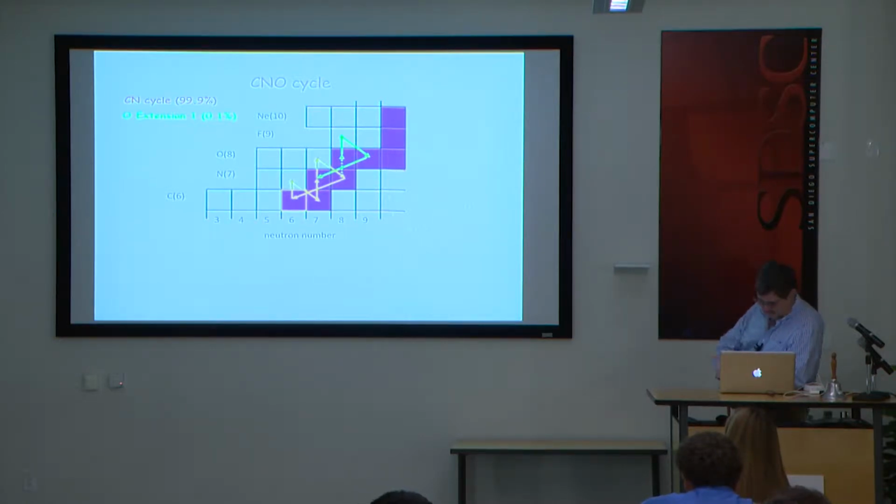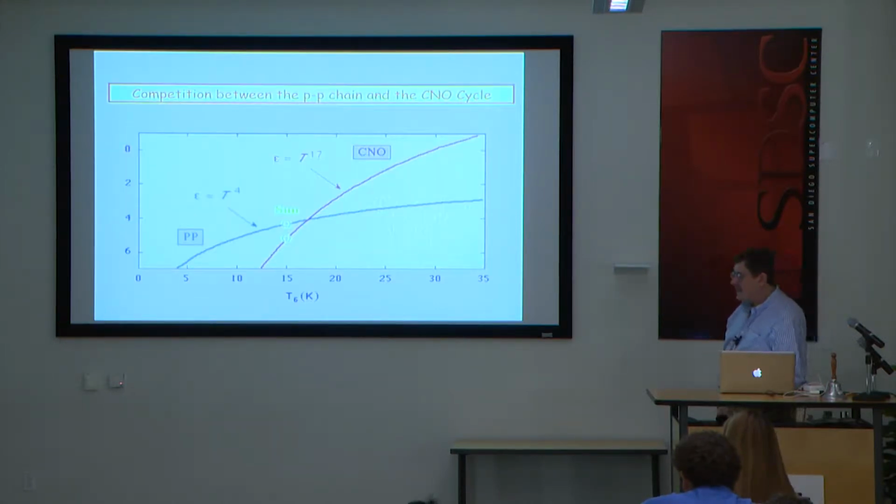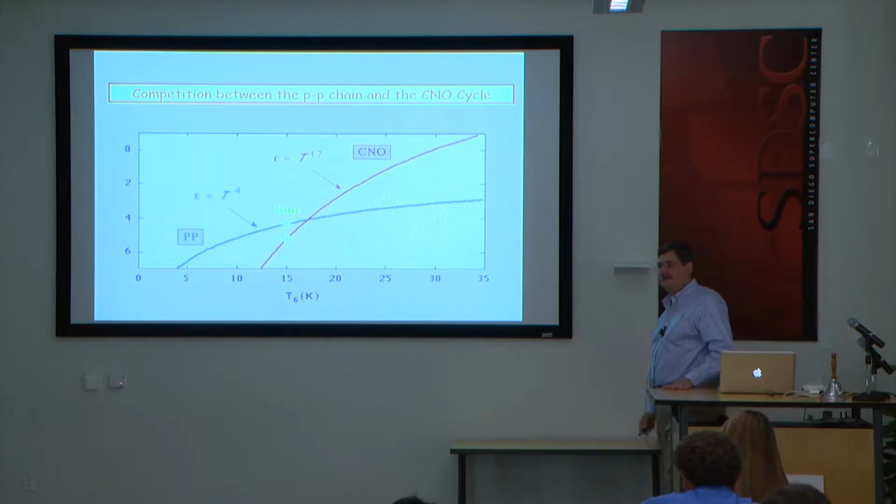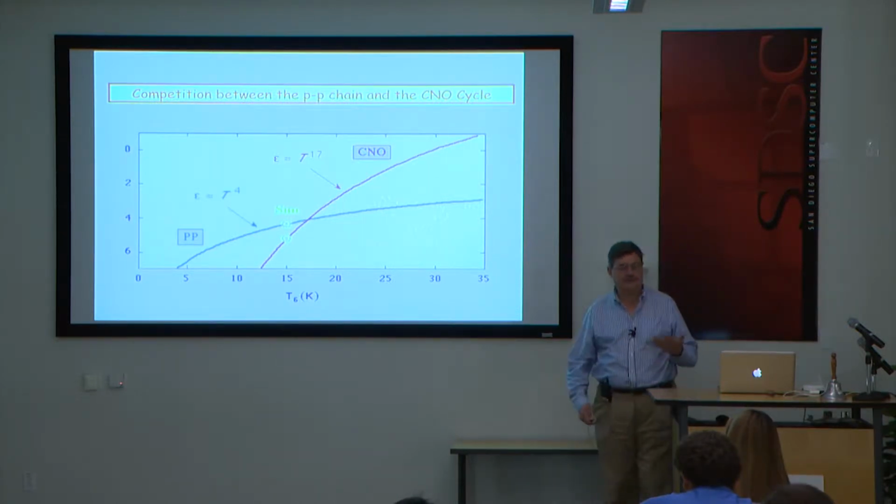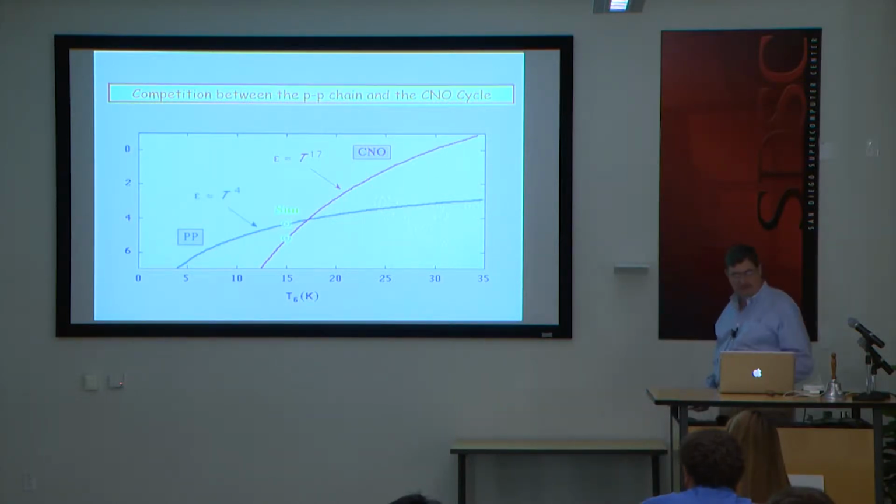Eventually, you also end up with another possible oxygen extension. There are a number of CNO cycles that can also process 4 protons into an alpha particle in a star. So here is the competition between those 2 possibilities.